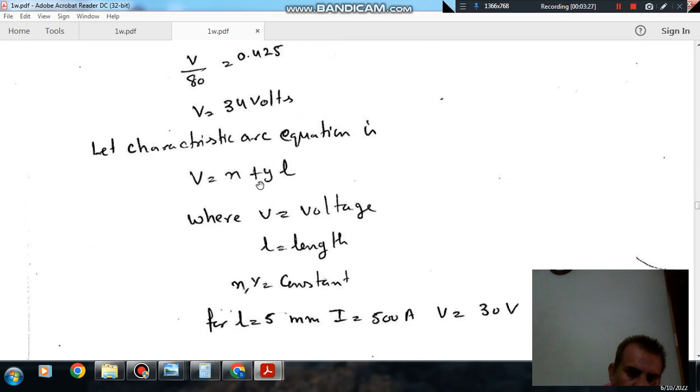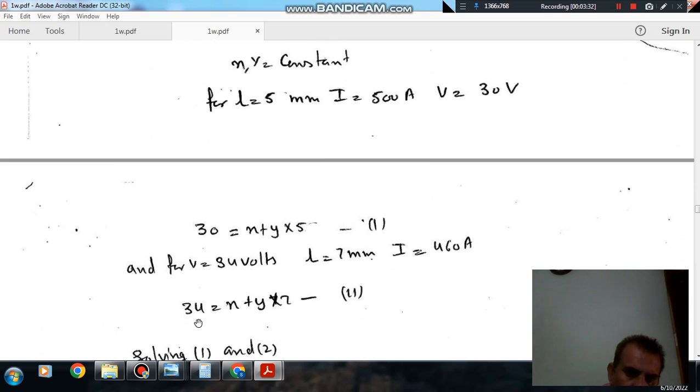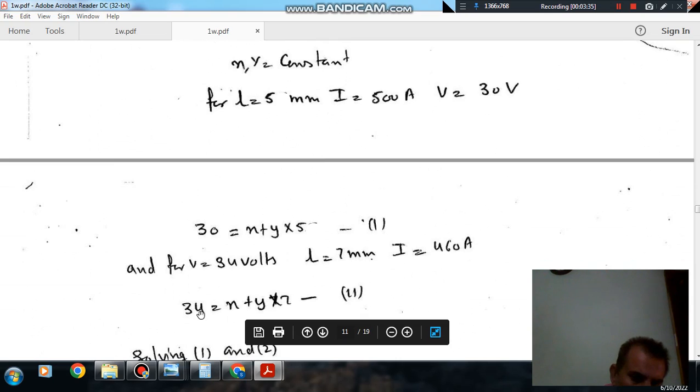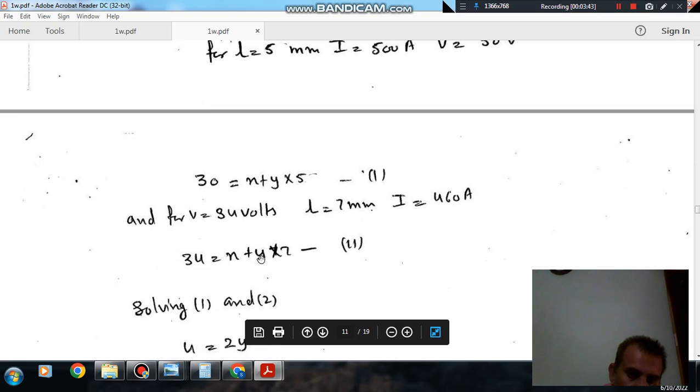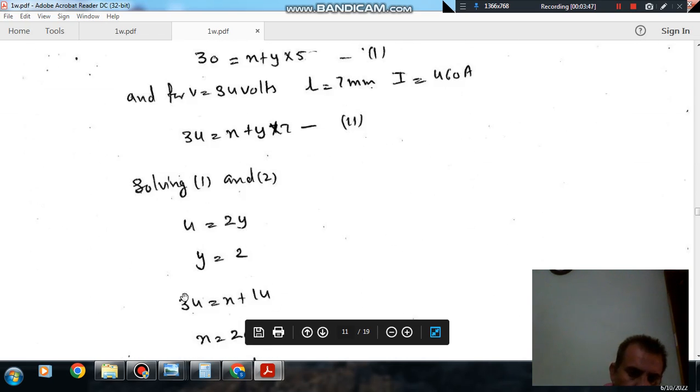So the equations are: 30 is equal to x plus y into 5, and 34 is equal to x plus y into 7. So solving 1 and 2, y is equal to 2.